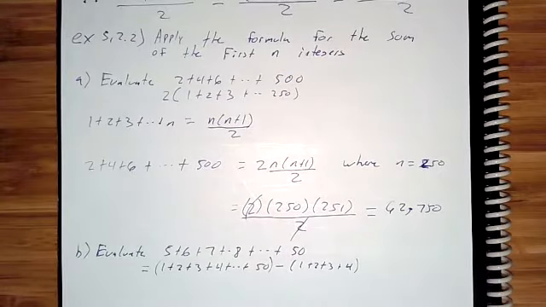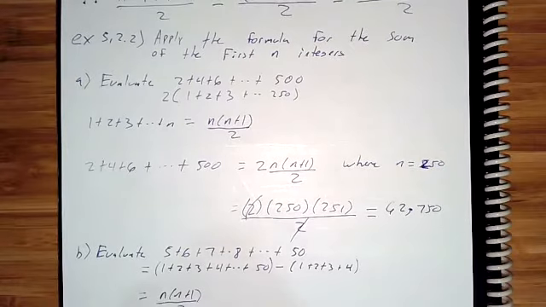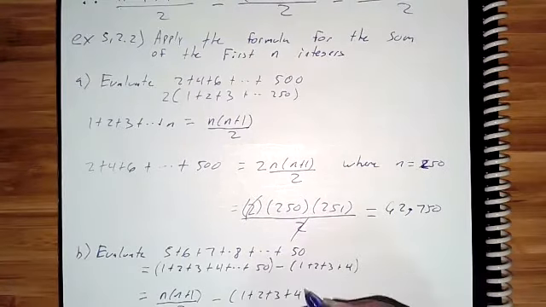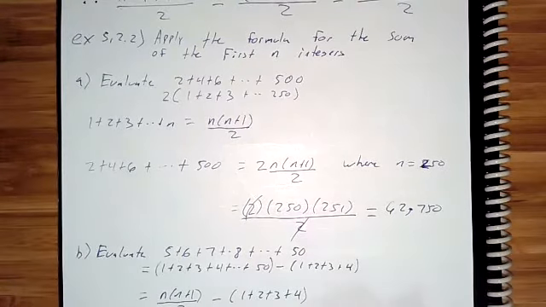So if we were to use the formula, that would be equal to n times n plus 1 over 2 minus the missing pieces, where our n is 50. 1 plus 2 plus 3 plus 4, that's going to be what? 10, right?